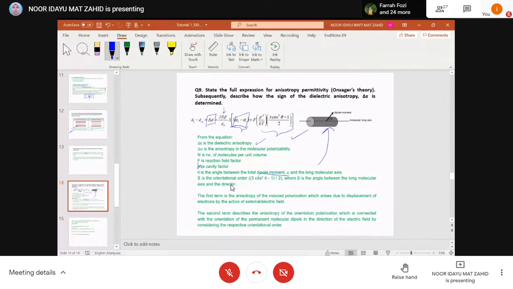S is the orientational order, where beta is the angle of the long molecular axis. So give the equation and define the terms.